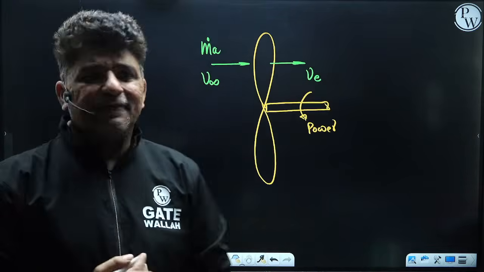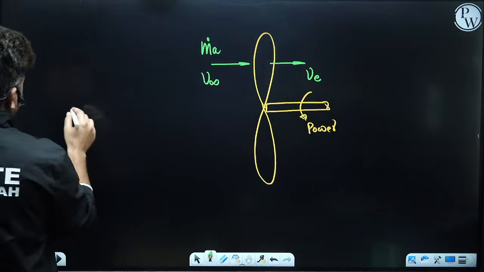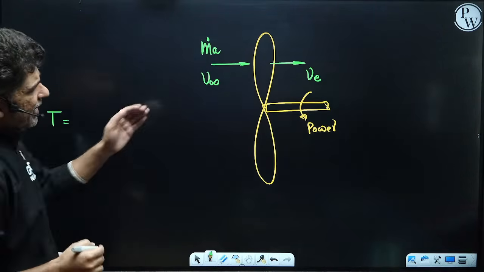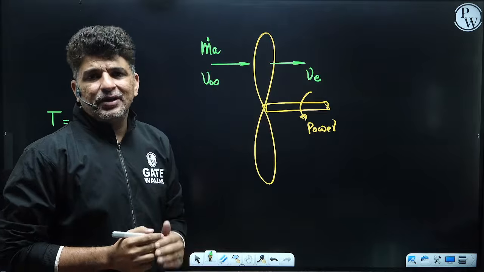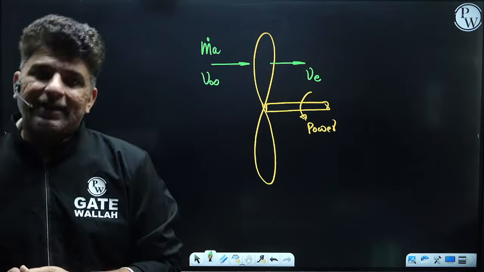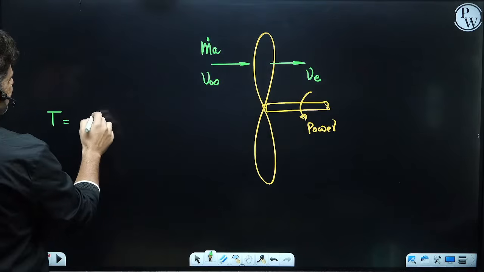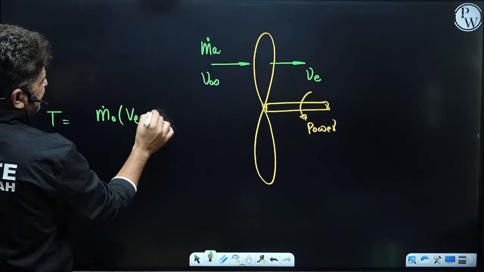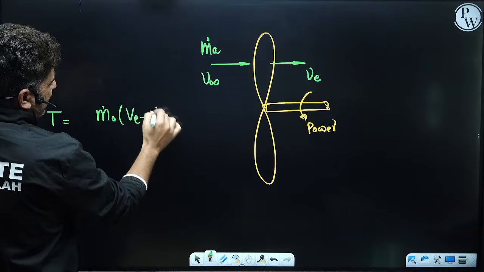From here you can see that the thrust developed would be equal to, since there is no mass flow rate of fuel here, only the change in momentum of the air. So the thrust generated would be mass flow rate of air multiplied by v exit minus v infinity.